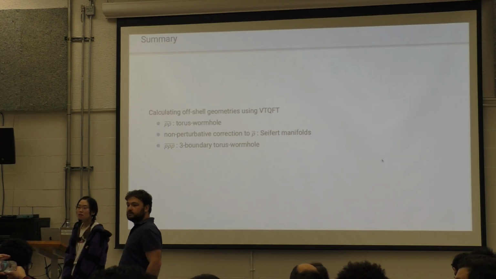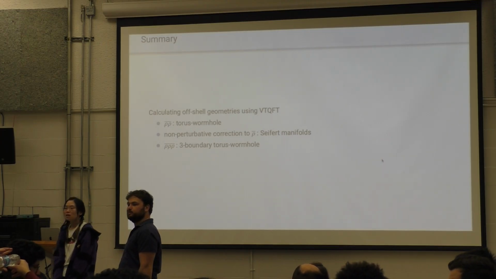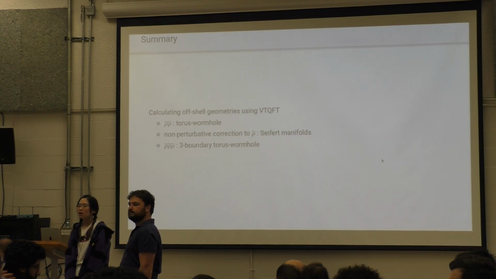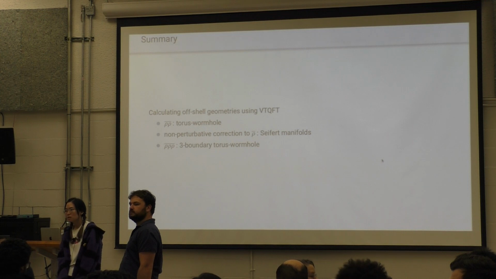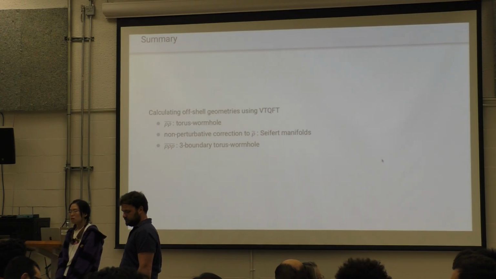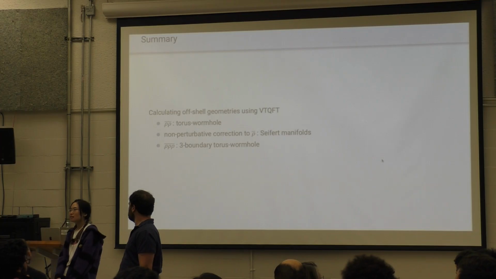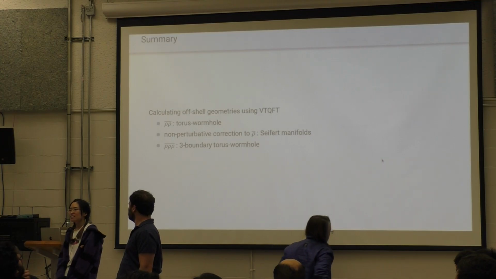Yes, I have maybe a related question. Do we know how to fix it in JT gravity? Can we reproduce any off-shell geometry by taking the limit of an on-shell geometry with a very light insertion? What I just showed is how to do that for a cylinder, but we don't know it for, like, a whole sphere.